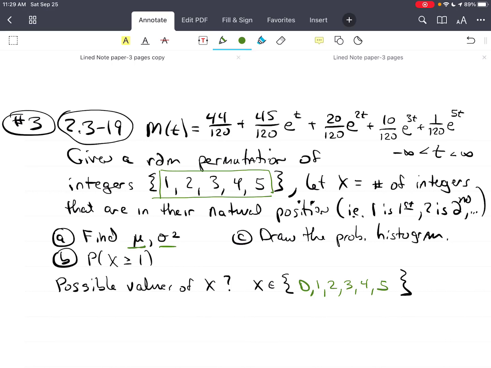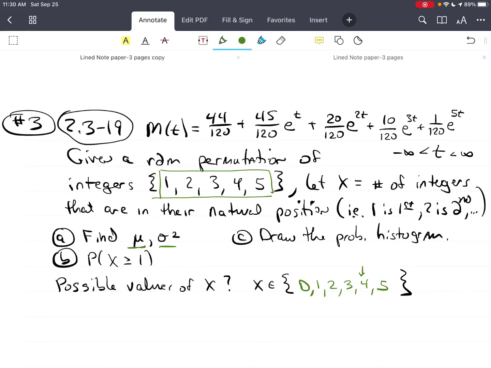But it turns out that if you have 4 of these in the correct position, the 5th one can't help but be in the correct position. So we cannot have exactly 4. When we have 4 in the right position, the 5th one can't float. It has to go to its natural position as well. But we'll use the values of x equals 0 to 5.